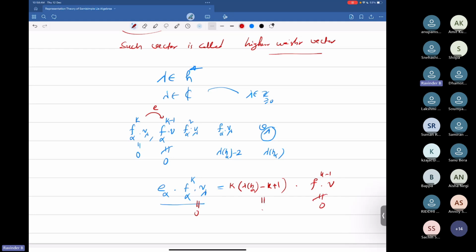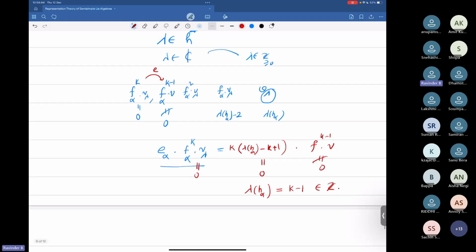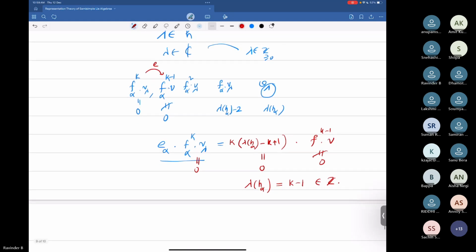So this scalar must be 0. That implies that lambda of H alpha is exactly equal to k minus 1, which is an integer. So what you are getting is that, given an irreducible representation, you have a highest weight vector with weight lambda.